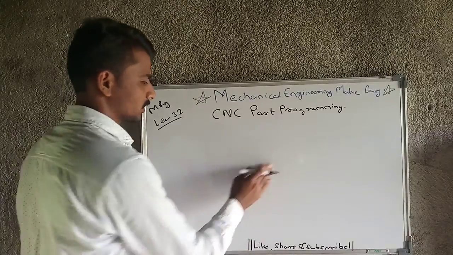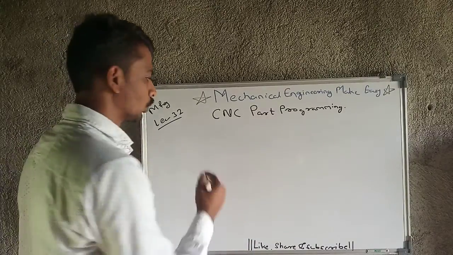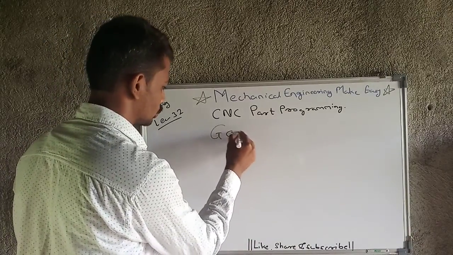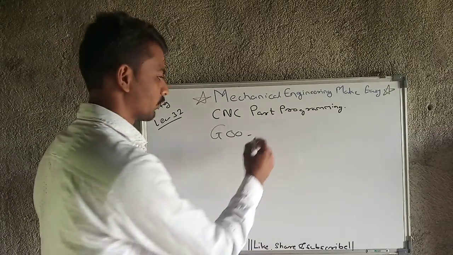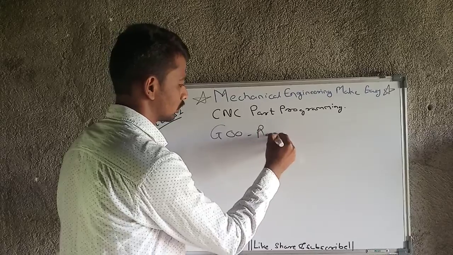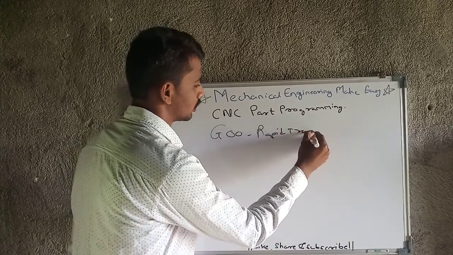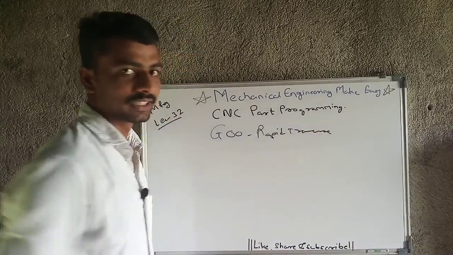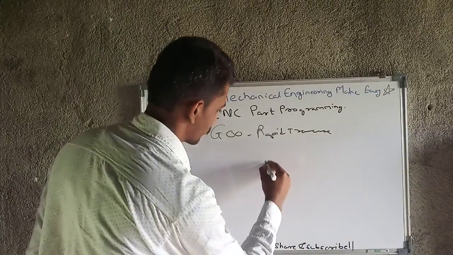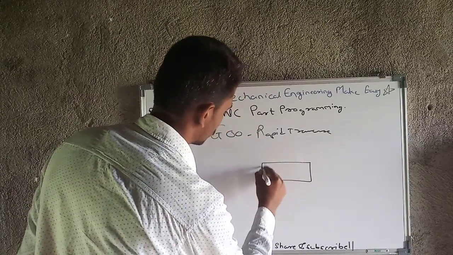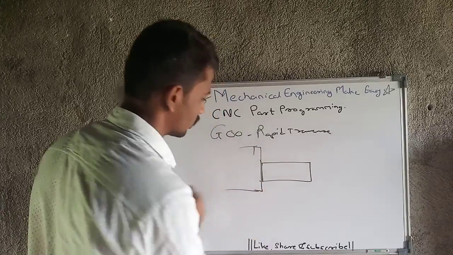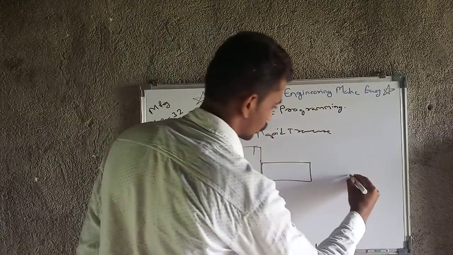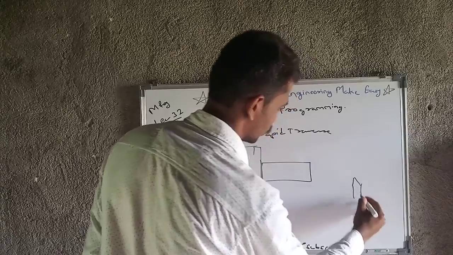Firstly we will move with G codes. In that, G00 is the code used for rapid traverse. And what is rapid traverse? For example, this is our workpiece, here is the chuck, and the tool is here.